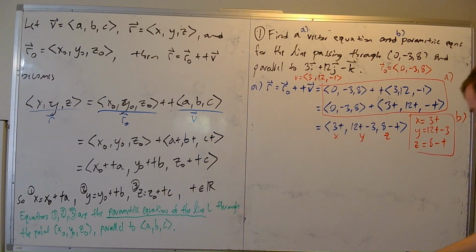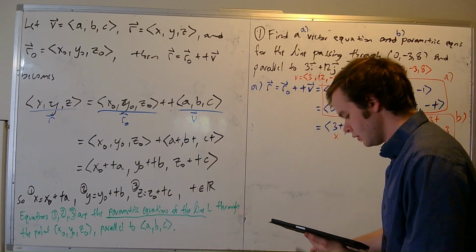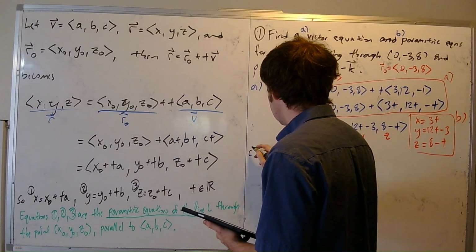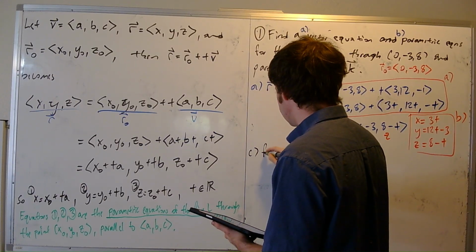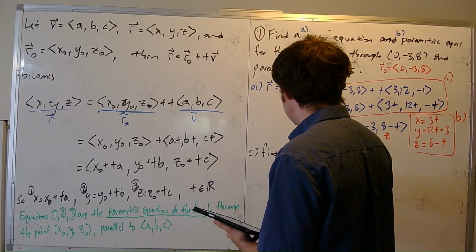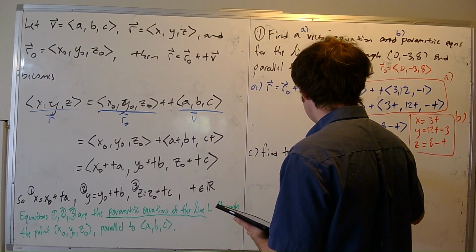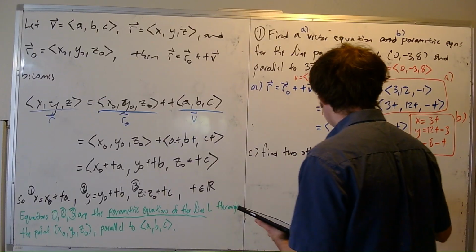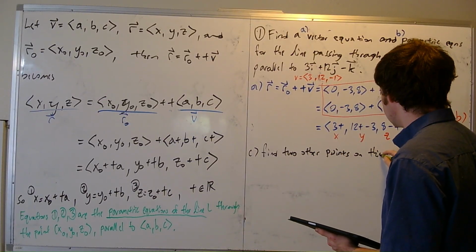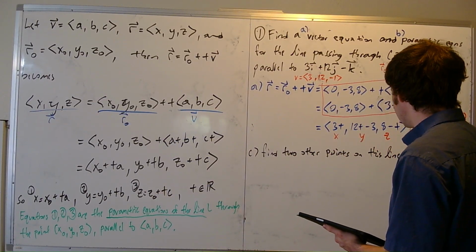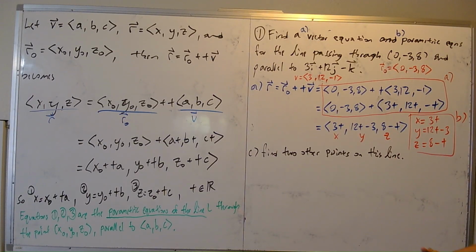And part C, we're going to introduce part C now. Part C is going to say find two other points on this line. This is why this is actually a useful thing, because this gives us this vector, and using this vector, we can determine all of the points on the line just by plugging in different values of t.